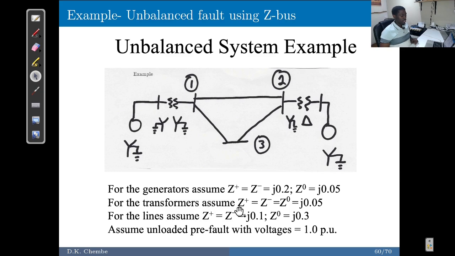For the transformers, we assume the positive sequence impedance is equal to the negative sequence impedance is equal to the zero sequence impedance, which is J0.005. For the lines, assume the positive sequence impedance is equal to the negative sequence impedance, J0.1, and the zero sequence impedance is J0.3. Assume the unloaded pre-fault voltages equal to 1.0.